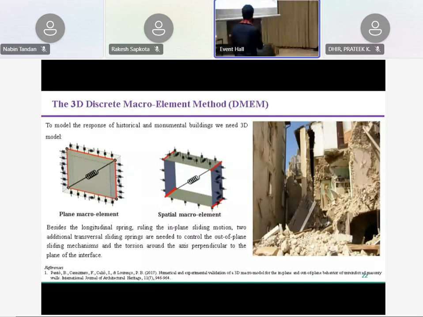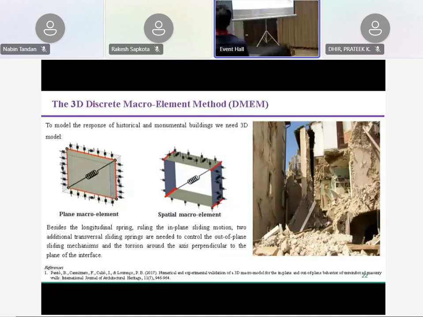And we used this model to simulate the out-of-plane behavior.